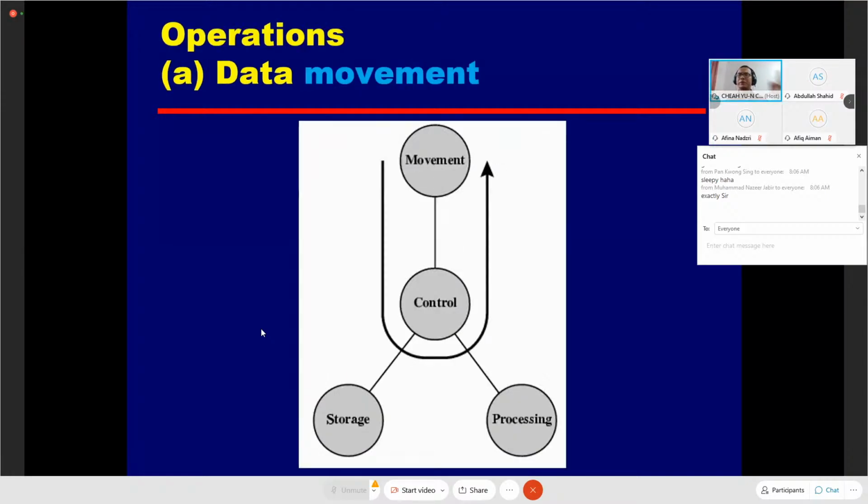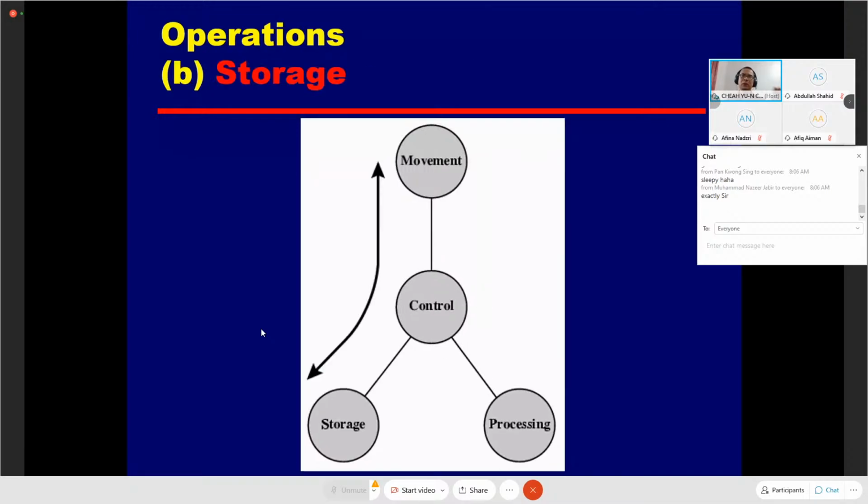But what are the various operations that are more important? The first one is data movement. The control mechanism coordinates the movement, and here it shows how data is moved from one part of the component to another. So movement is one of them, facilitated by the control mechanism.